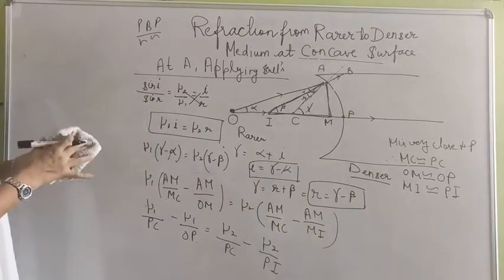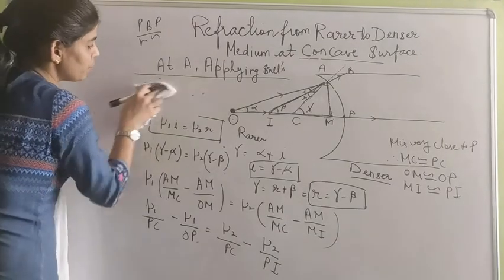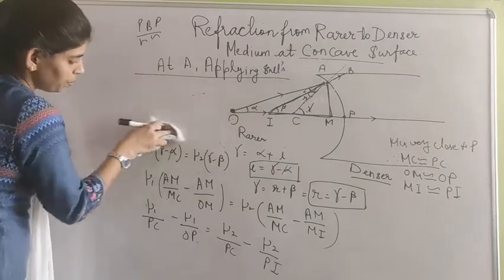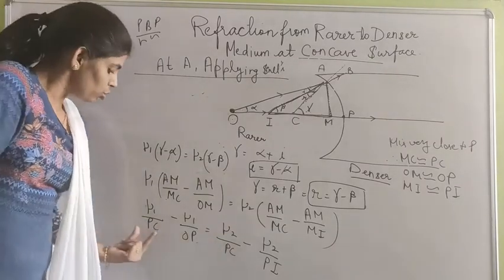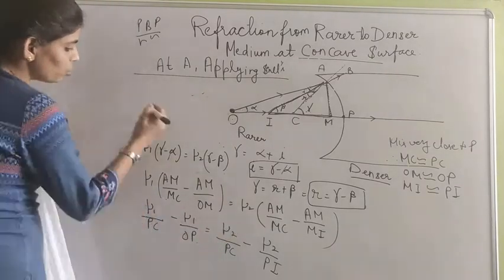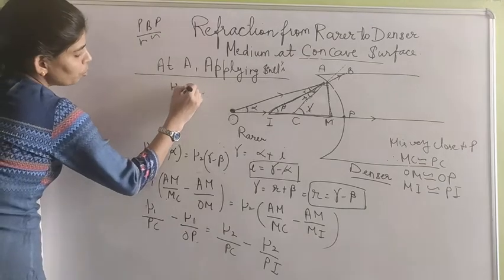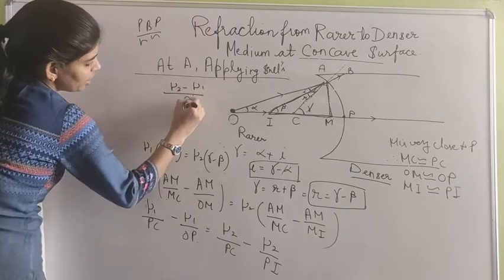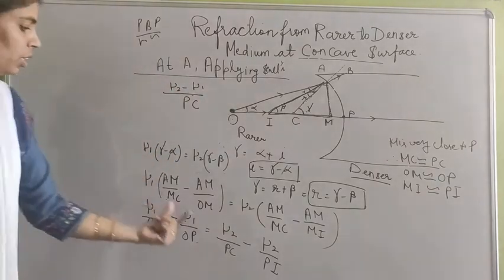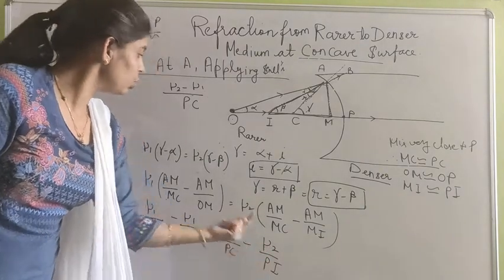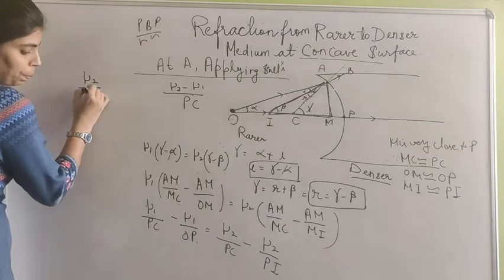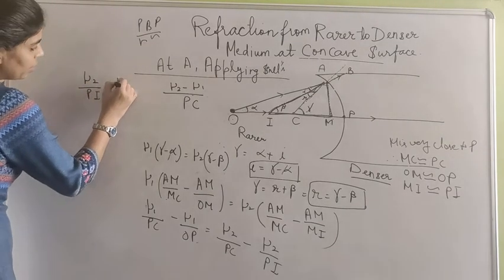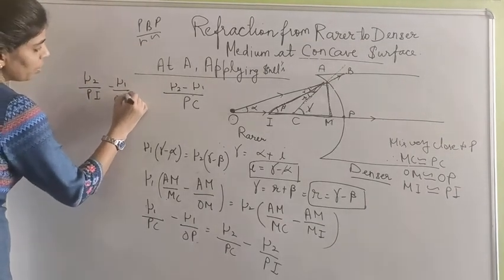Let us figure out the first two steps. This is PC, this is again PC. So take mu1 to that side, so it would become mu2 minus mu1 by PC, and take mu2 by PI to the left hand side, so it would become mu2 by PI minus mu1 by OP.